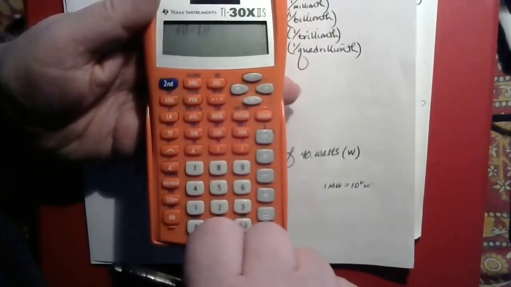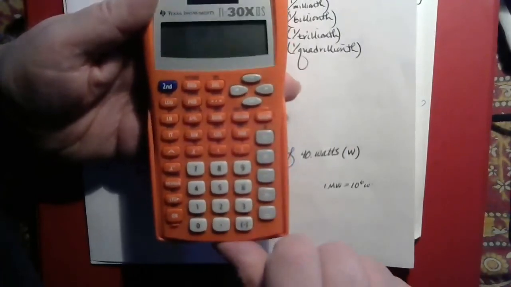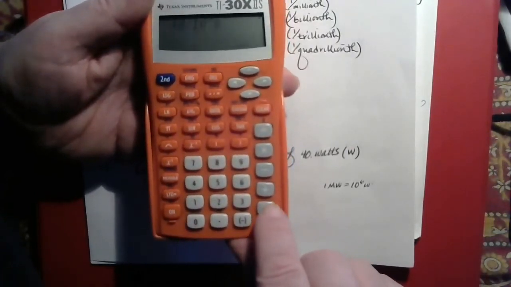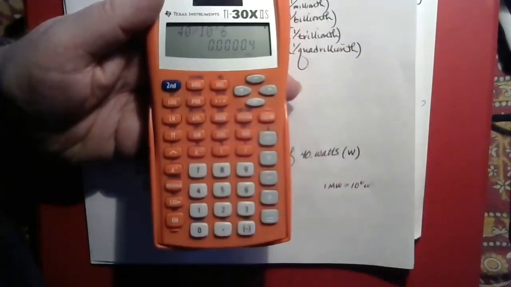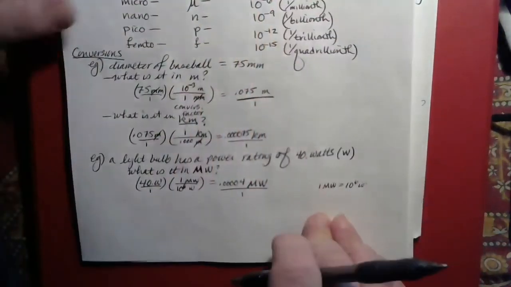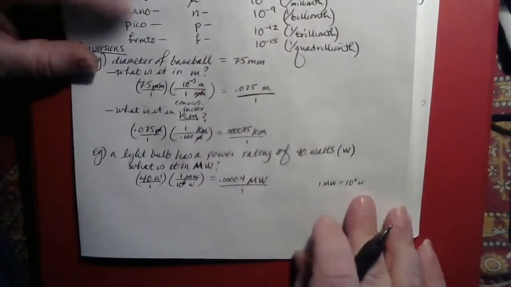So 10 raised to the 6th power, and then you hit equals or enter, and you get your answer right there. All right, so that's what you should end up with.